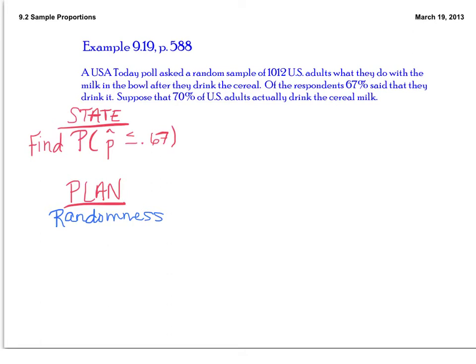The other is that we have to have some form of independence in sampling, and there are ways around that, which we'll talk about. The other thing that we have to have is some idea that normal approximations will be valid, and so we just call that the normality condition. So let's begin to look at how we verify these.